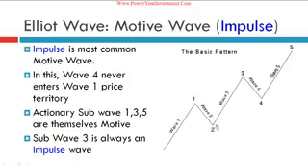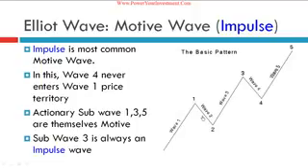One was that the low of wave 2 cannot go below the low of wave 1. It can come very close to the low of wave 1, but it can never retrace entirely. The second rule was that wave 3 can never be the shortest wave. And the third rule was that wave 4 never enters the price territory of wave 1.